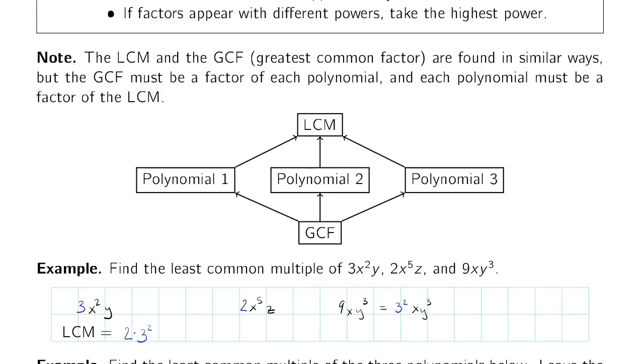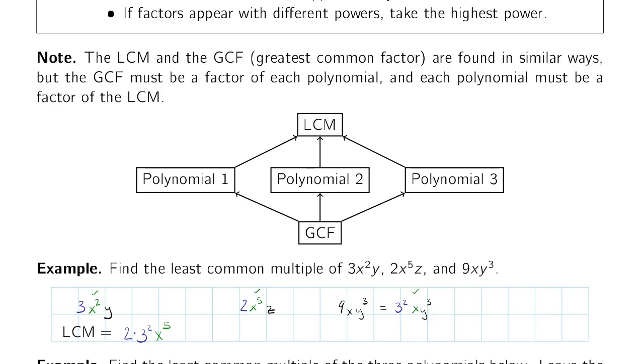I'm going to look at the x's. x is a factor of each of my monomials, and the highest power of x that appears is x to the fifth. So my least common multiple needs to have an x to the fifth. Okay, so that's my x's. I'm going to put a little check mark over my x's so that I know that I've dealt with them.